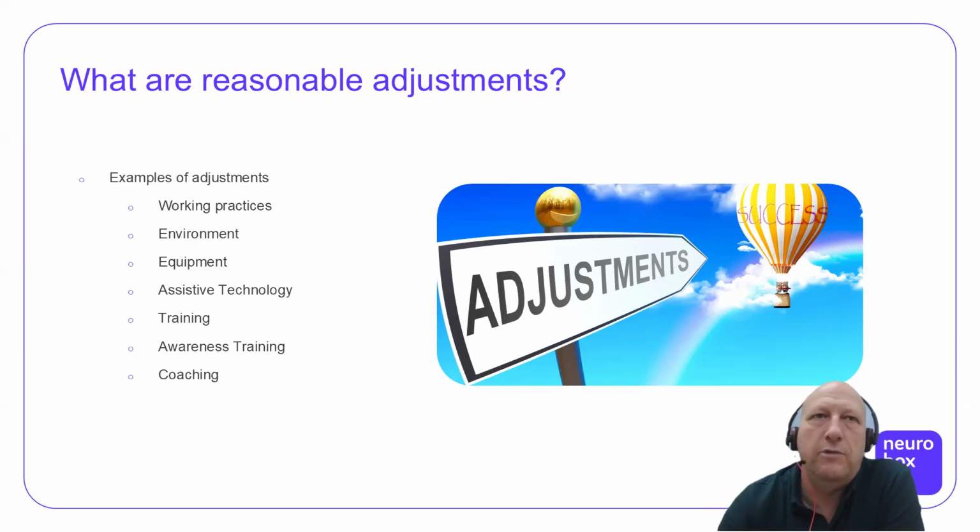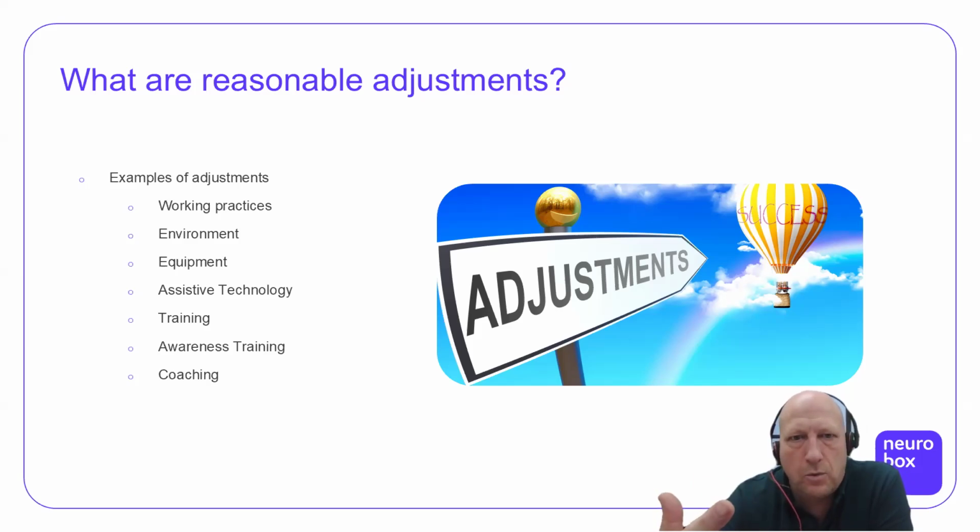Awareness training is really, really key as well, because a lot of the support that we might need is also going to be coming from outside of ourselves as well. So helping other people to understand how we work best is also a really powerful adjustment too. And that's awareness training.